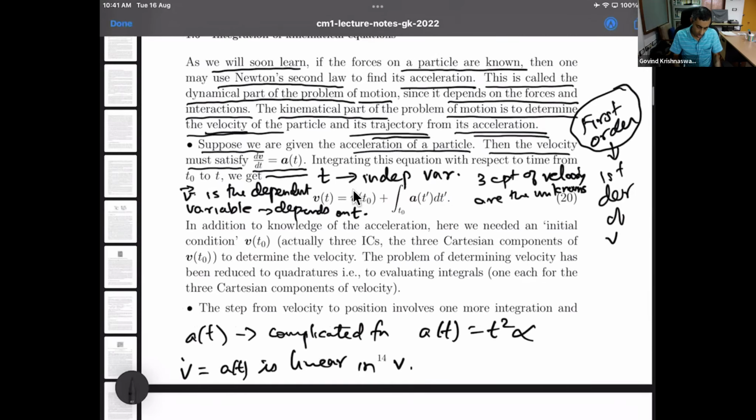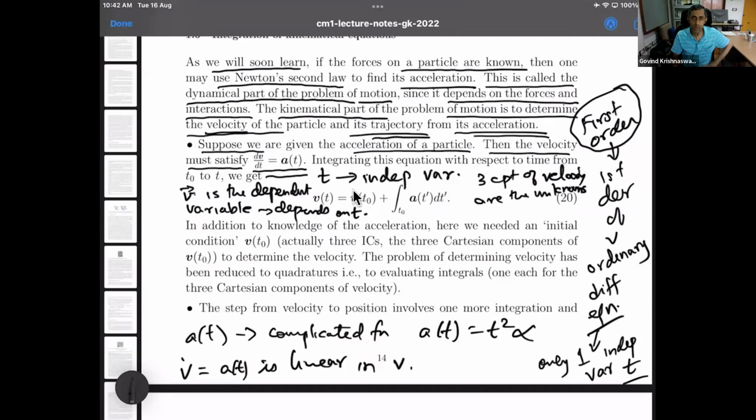We can add one more attribute. It's not just first order and linear, it's an ordinary differential equation. Ordinary because there is only one independent variable, namely time. If there's more than one independent variable, then it does not qualify as an ordinary differential equation.